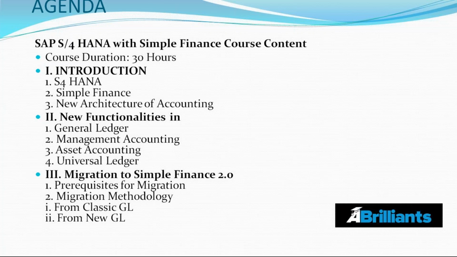When we talked about the new functionalities, we looked at the general ledger, the management accounting and its changes, asset accounting changes, and the universal journal. Universal ledgers never existed in the previous version of SAP ERP, especially ECC6.